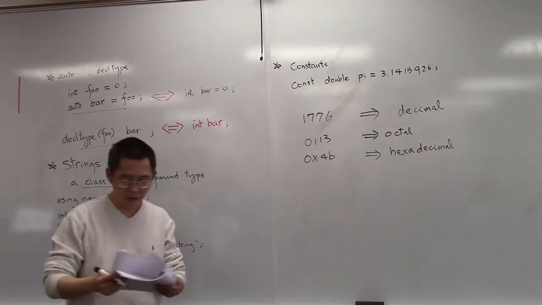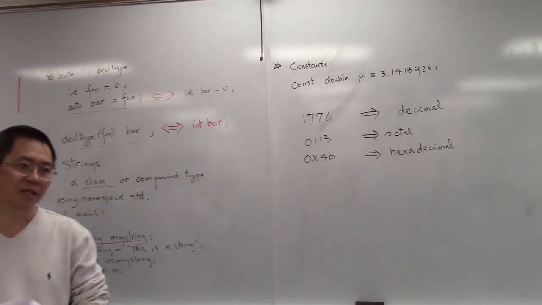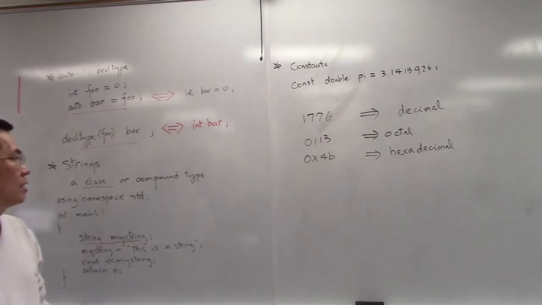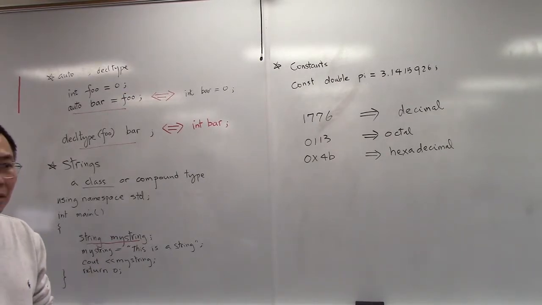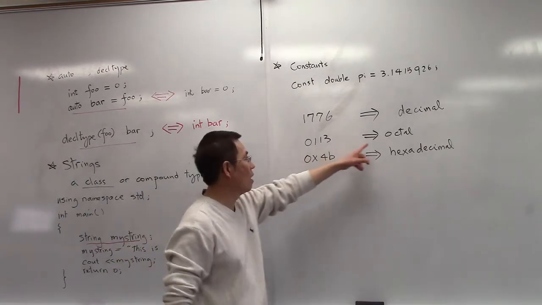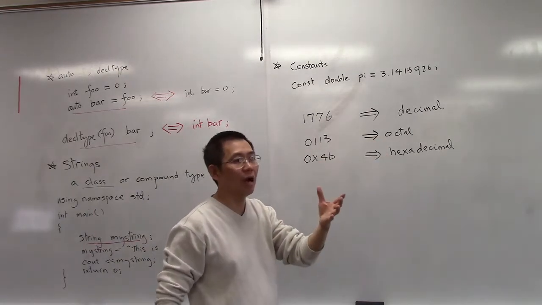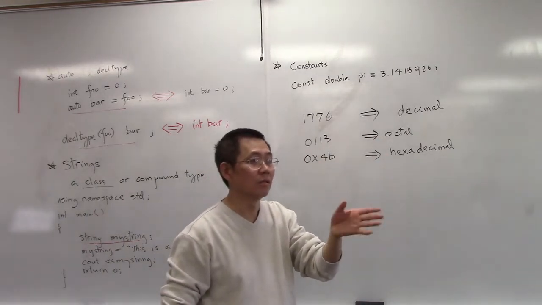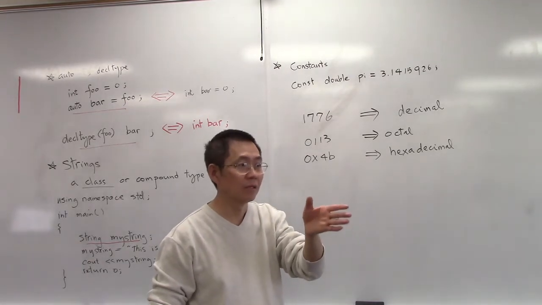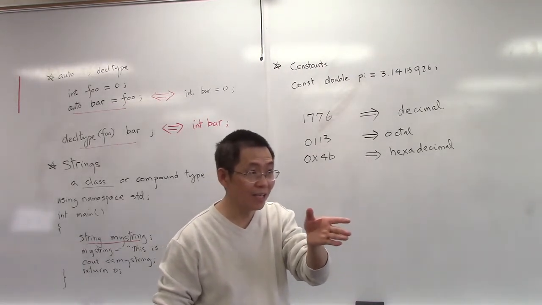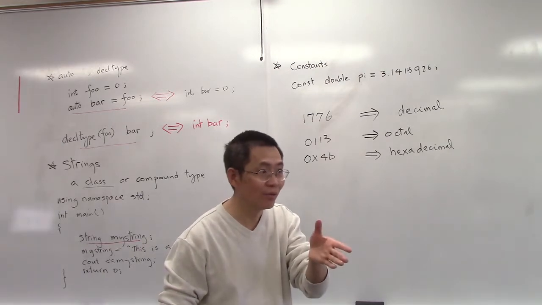The octal value uses 8 as the base, and the hexadecimal uses 16 as the base, okay? So when you count an octal value, you can go up only up to 7. So 0, 1, 2, 3, 4, 5, 6, 7. When it is 8, you write it as 1, 0, right?